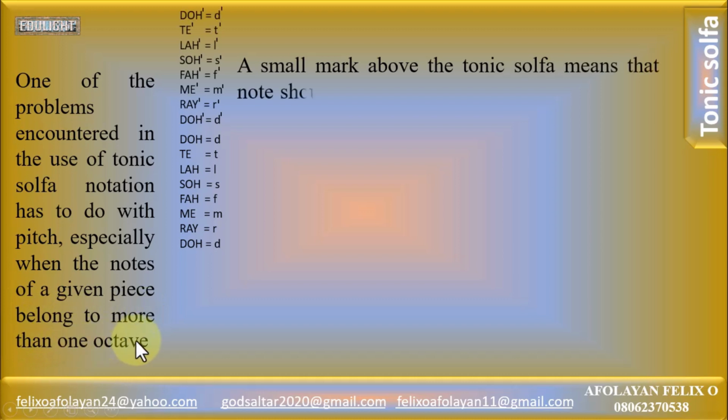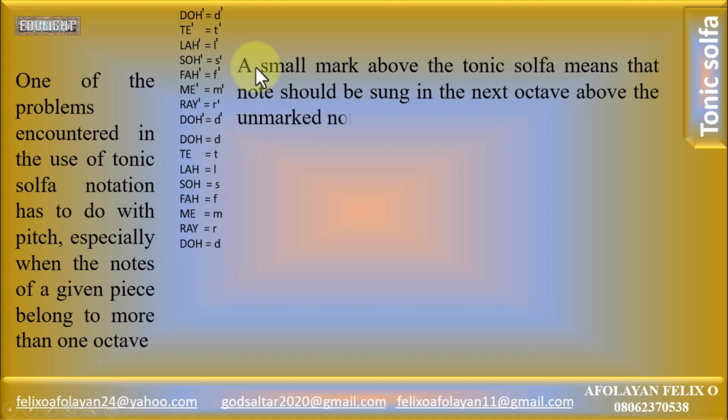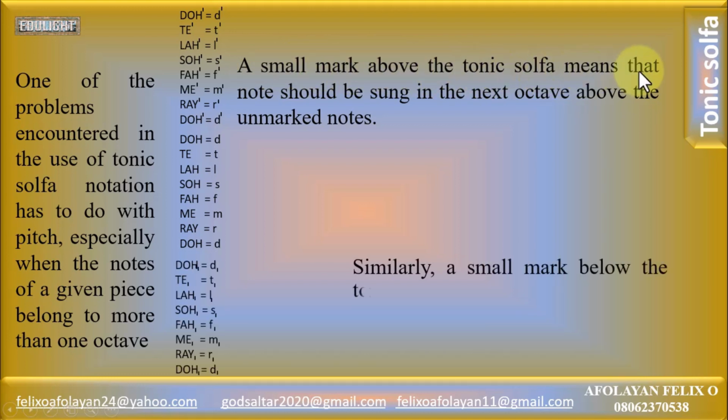If it belongs to more than one octave, you can see this is the normal octave: do, re, mi, fa, sol, la, ti, do. Now, if it's the upper octave, a small mark above the tonic sol-fa means that the note should be sung in the next octave above the unmarked octave.